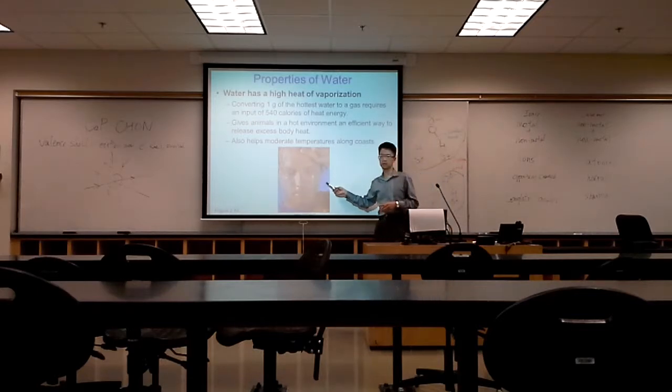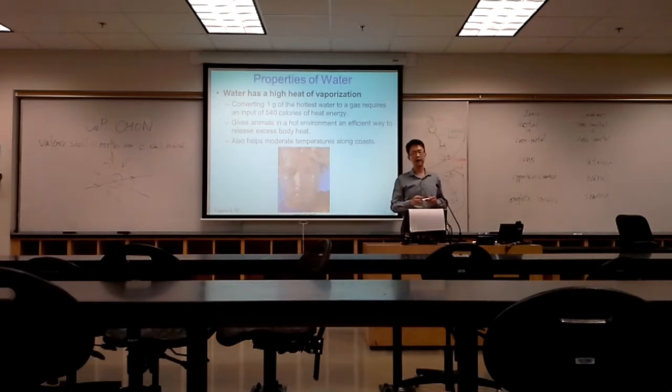An example we give you here is sweating. The reason why sweating can lower our body temperature is because of the high heat of vaporization of water. When we're sweating, we have a thin layer of sweat, mostly water, on our body. As our body temperature is getting higher and higher, and the surrounding environment is hot and windy, it will help to evaporate the sweat on the surface of our body.